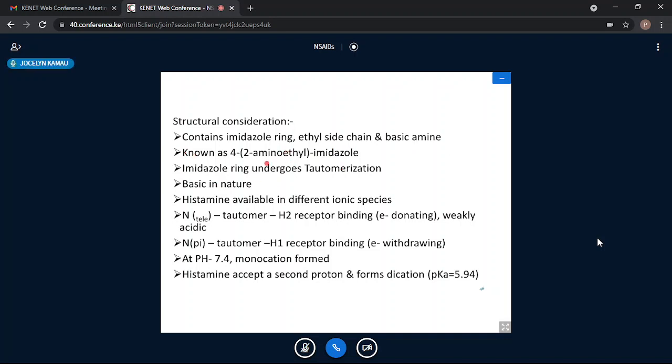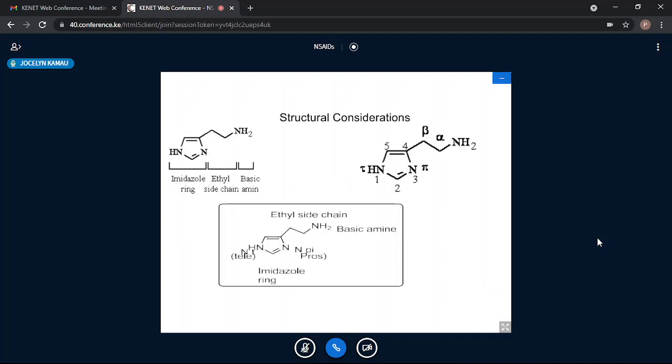That's just imidazole. It's just another ring. Imidazole undergoes tautomerism. This is not keto-enol tautomerism. This, of course, is a different type of tautomerism. All we are saying is that with either of these nitrogens, this hydrogen can also shift.